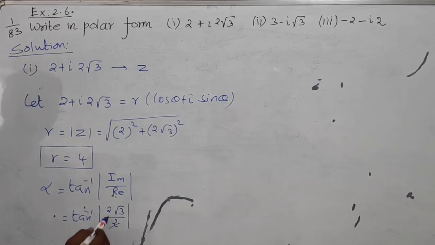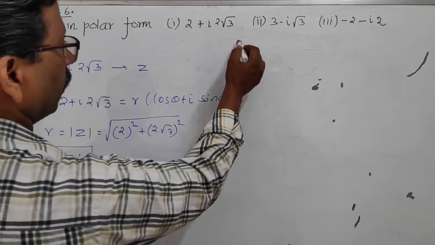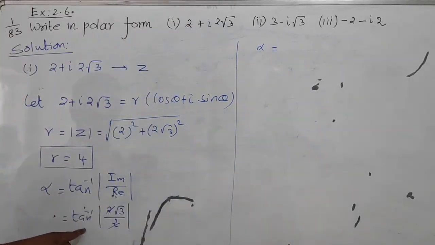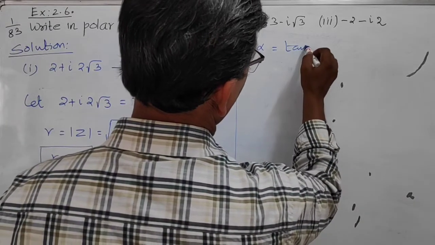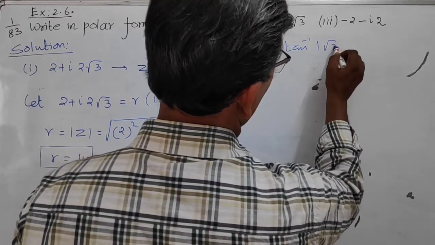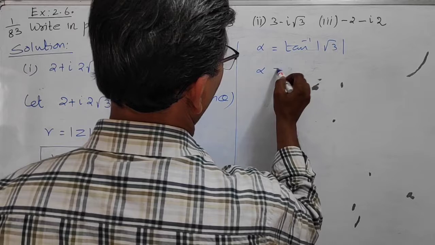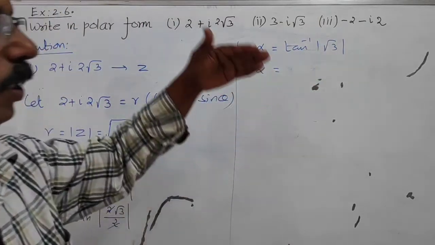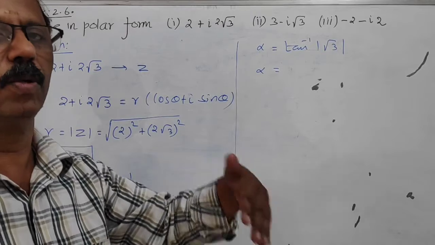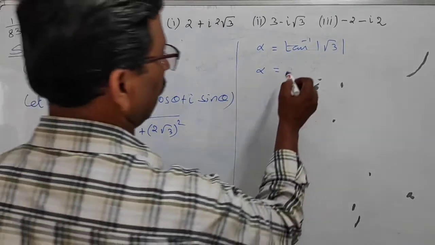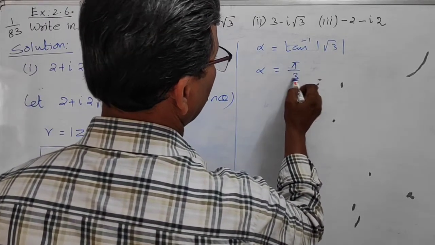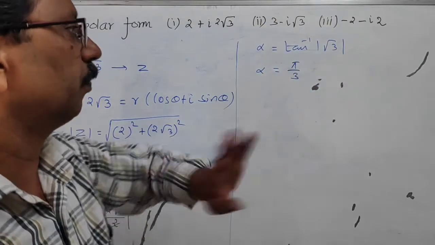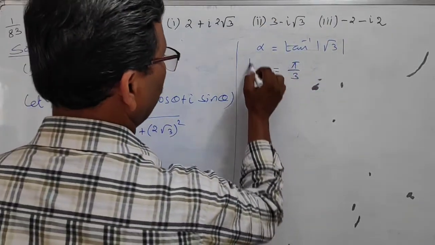Cancelling these two, we get alpha equal to tan inverse of root 3. Whenever theta is 60 degrees, or pi by 3 radians, tan theta is equal to root 3. Therefore alpha equals pi by 3.